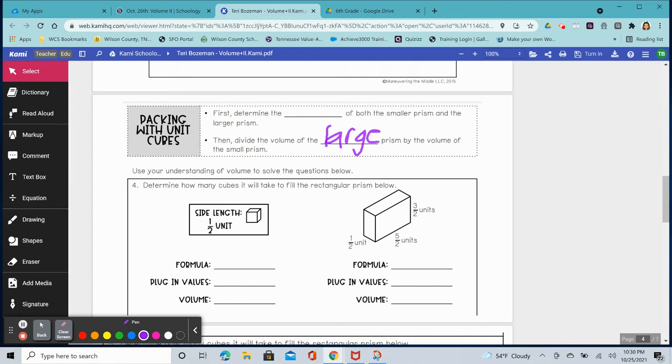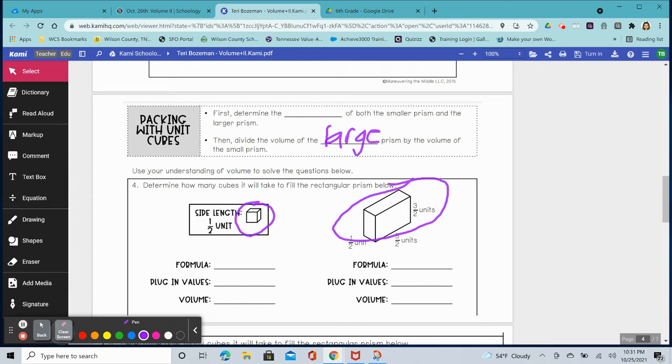So if you're ever given 2 different prisms to figure out the volume of, and they want you to see how many of the smaller might fit into the larger, then you want to do exactly those 2 steps. So if you're trying to determine how many of a smaller prism can go into a larger prism, then, again, you want to find the volume of each and then divide the larger by the smaller.